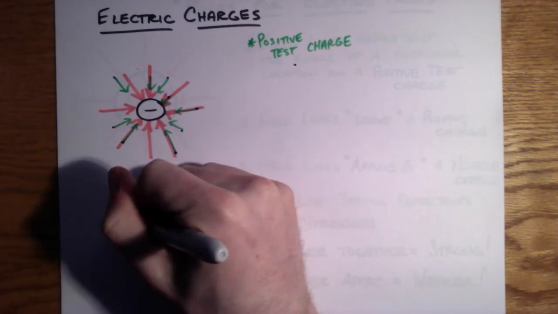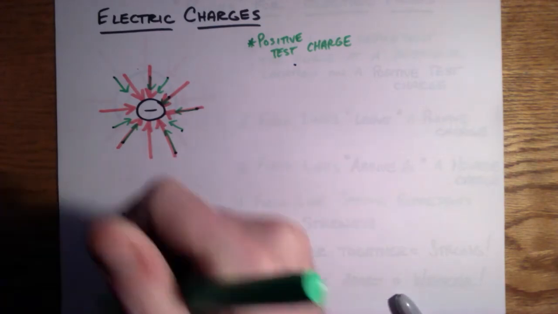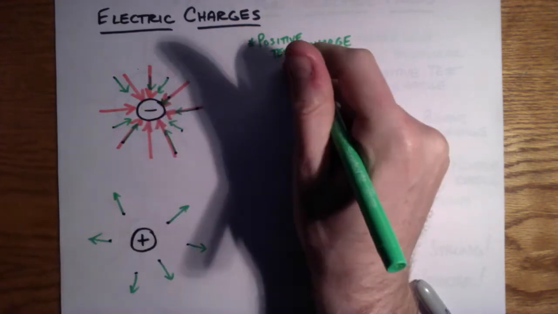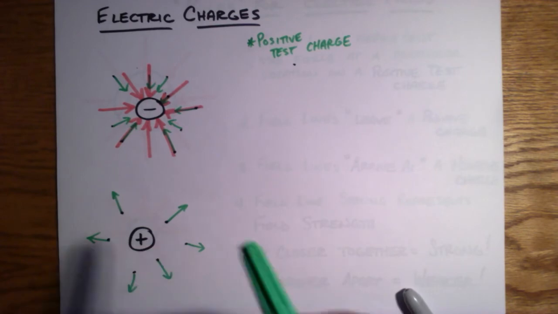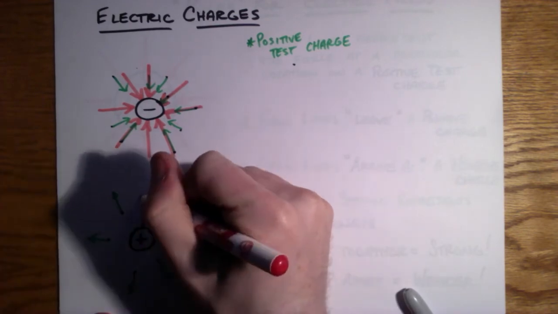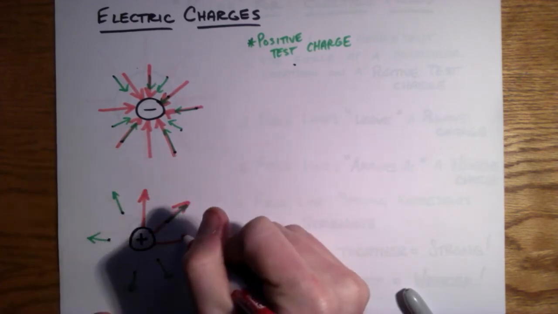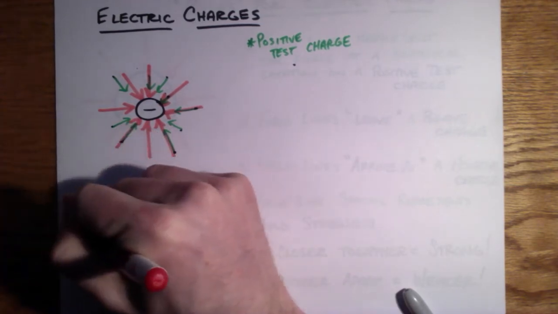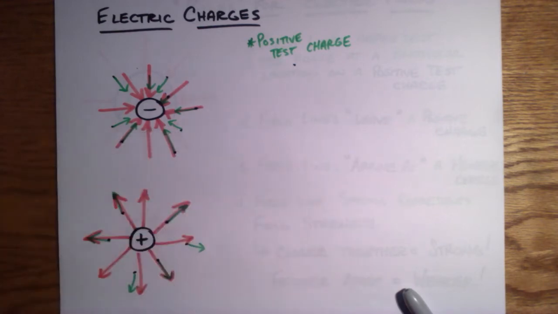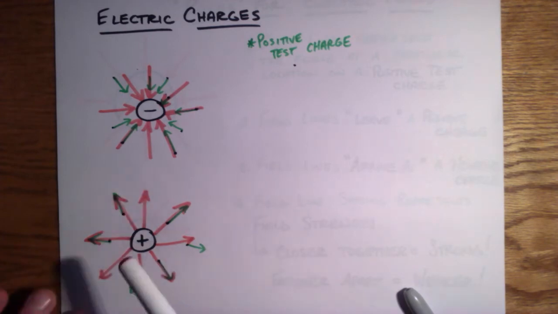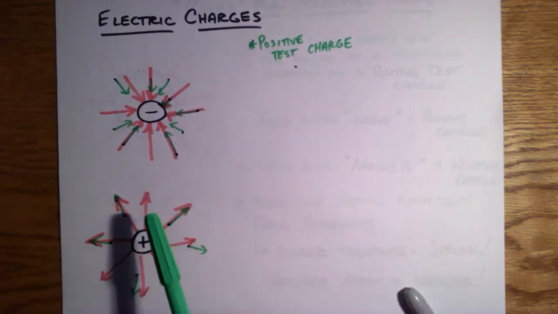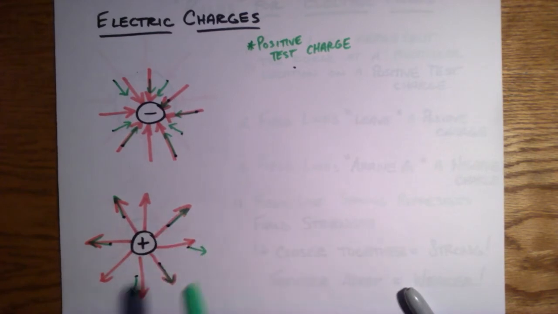Hopefully you're seeing that no matter where I place one of these test charges, they will be repelled because a positive test charge will be repelled by a positively charged object, and it shouldn't be too great of a stretch to realize that the electric field, which again just represents the electrical force exerted on a positive test charge, is always going to travel away from a positive charge. So for a single isolated positive charge, the electric field will always point away. Well, why? Because any positive test charge placed in this field will be pushed away.